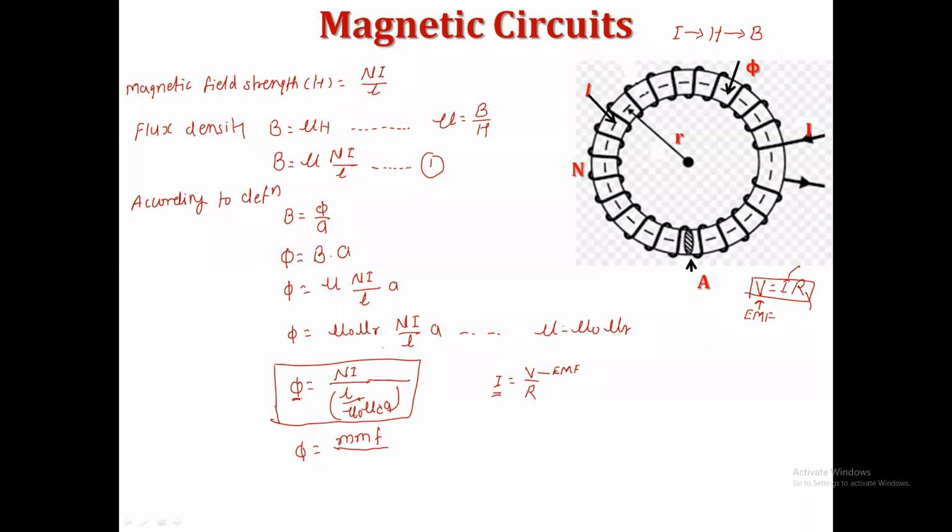So the numerator term is called as MMF, and the denominator term we call the opposition. आता जसा हा R, what we call is the opposition to the flow of electric current. Similarly, this denominator term is the opposition to the flow of a magnetic flux. Opposition to the flow of a magnetic flux, and that is called a reluctance.